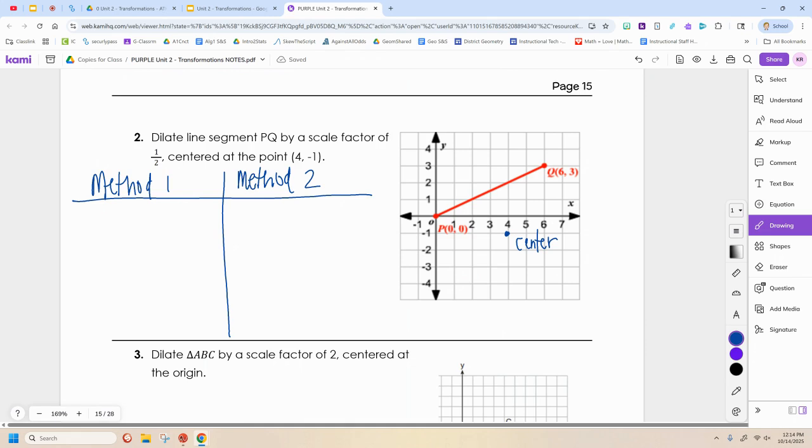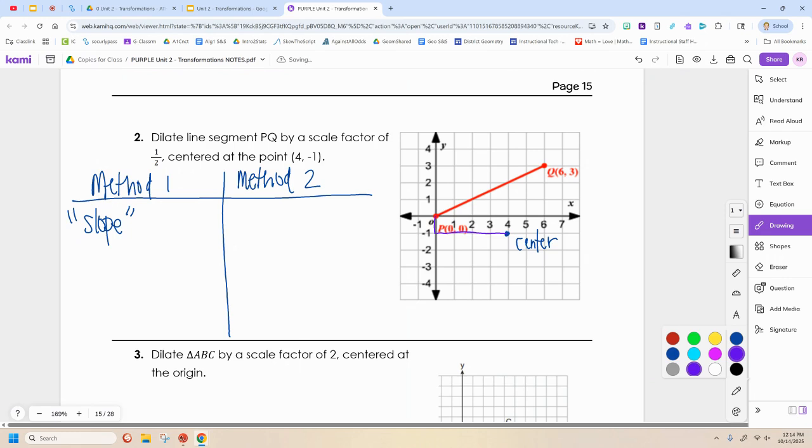All right. So method 1 is going to be using the idea of slope. So for example, if I go from P to the center, it's down 1 over 4. Do you guys agree with that?